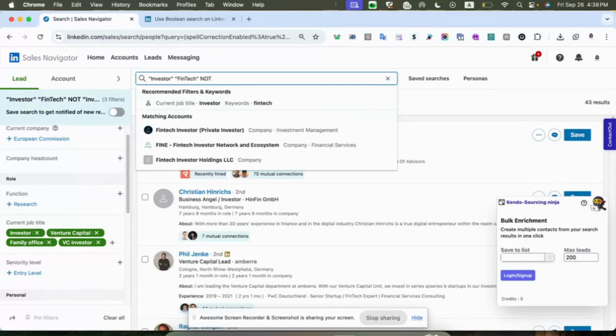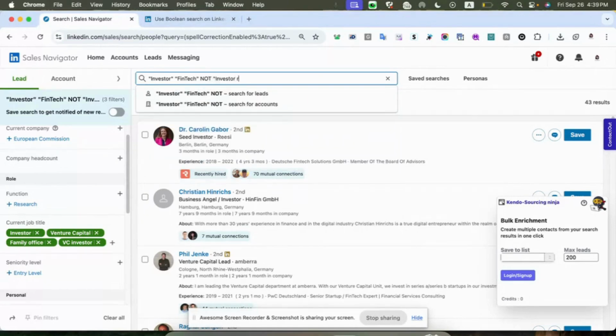I'm not looking for investor relation titles. I'm not looking for capital fundraising, because most of the time the profiles that use some of these keywords are brokers. I'm looking only for investors. I'm not looking for brokers, right?